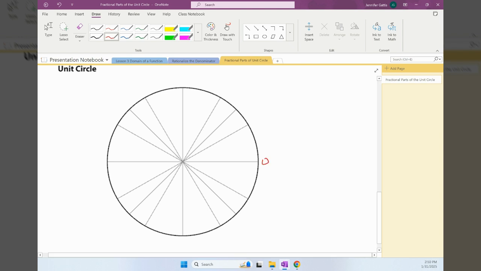We start with 0. Then we have 1/6 of a pi. Then we have 1/4 of a pi. Then we have 1/3 of a pi. Then we have 1/2 of a pi.